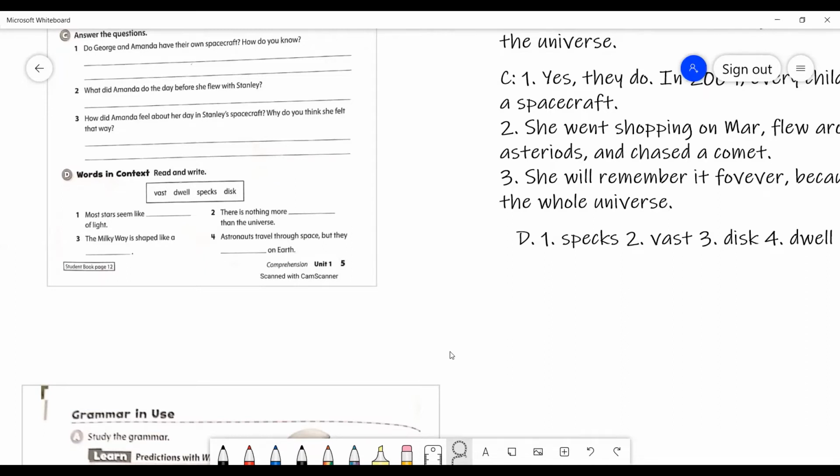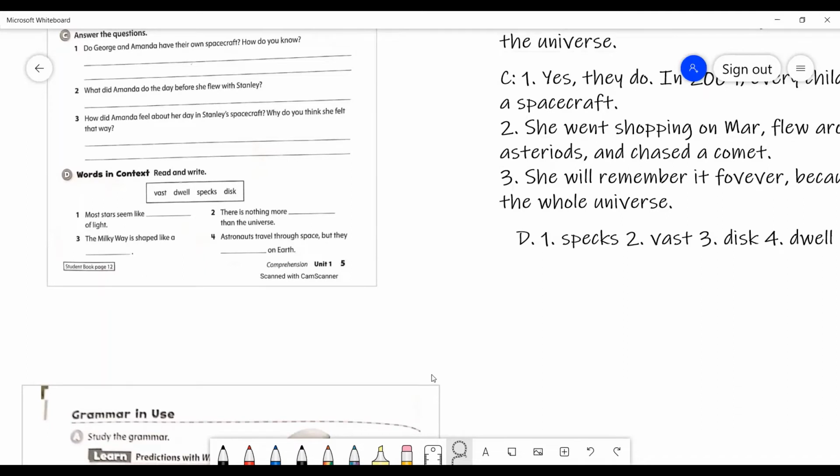Number 2, there is nothing more vast than the universe. So in number 2, we will write vast.